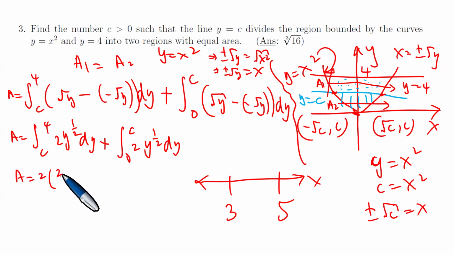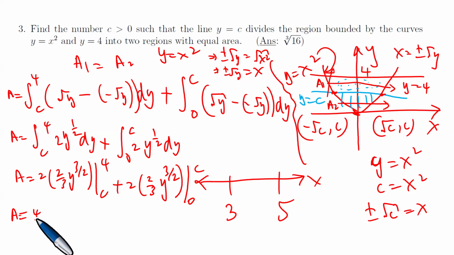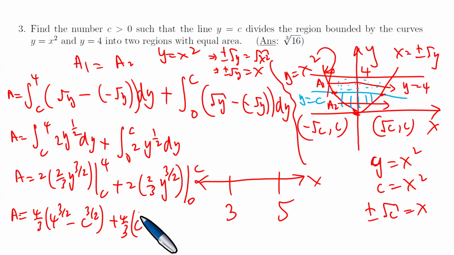If you integrate y to the 1/2, it's 2 over 3 times y to the 3/2. The area becomes 2 times 2 over 3, which is 4 over 3, times 4 to the 3/2 minus c to the 3/2, plus 4 over 3 times c to the 3/2 minus 0.